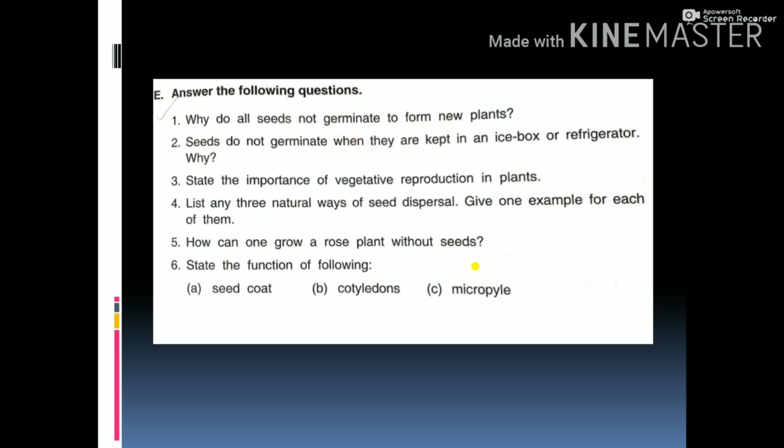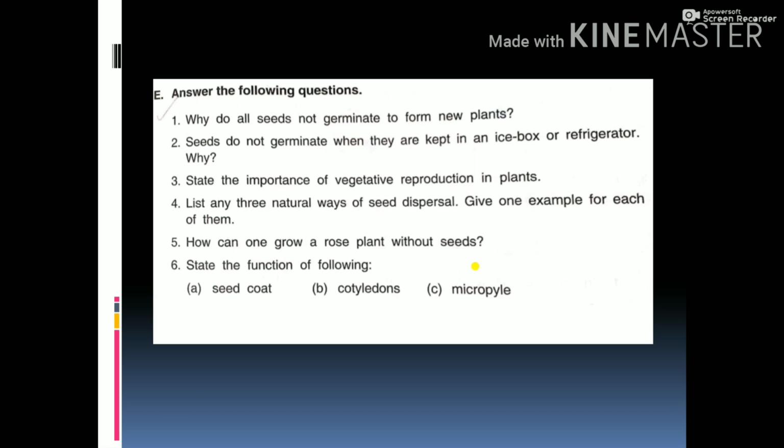Question number 4. List any 3 natural ways of seed dispersal. Give one example for each of them. The natural ways are air, water, animals and man; these are all methods of dispersal.